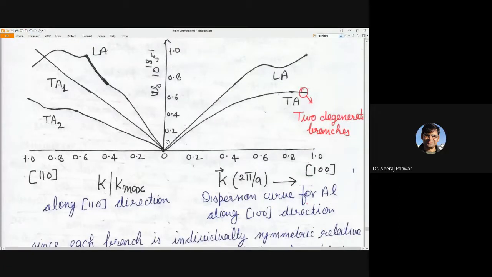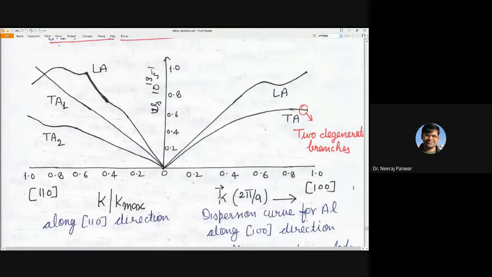On the right side, we saw the dispersion curve along the 100 direction, and on the left side, the dispersion curve along the 110 direction. Only half of the Brillouin zone is shown because it is symmetric about the origin.